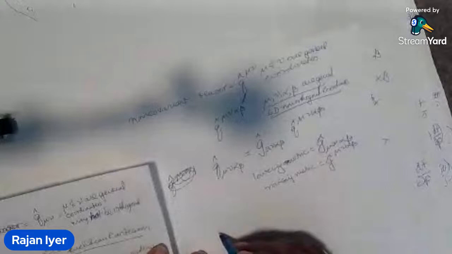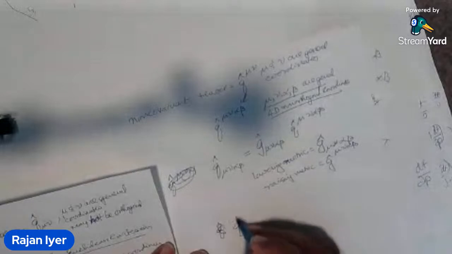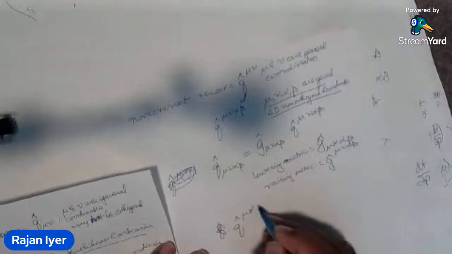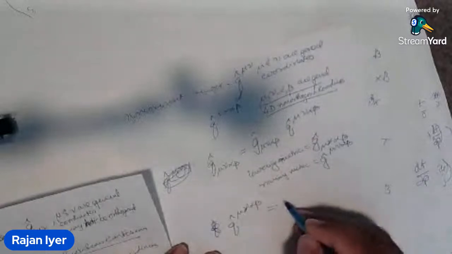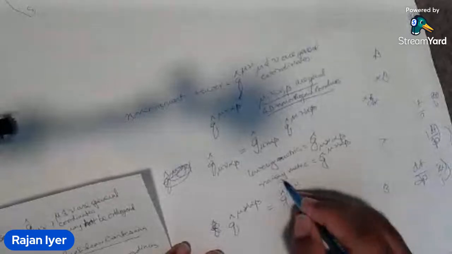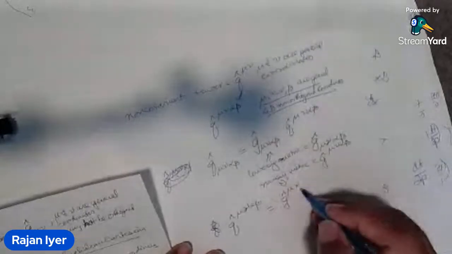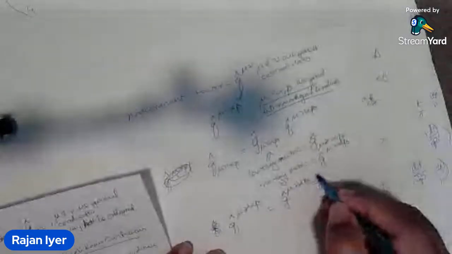So we can write Q prime of upper script mu alpha beta is the raising metric times the covariant Q mu alpha beta.